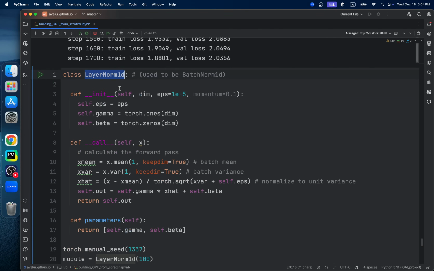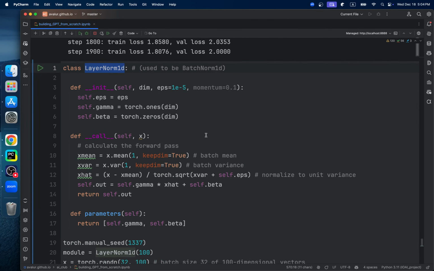So the layer normalization, the last layer in our model, is pretty simple. In contrast with batch norm, this is the replacement of the original batch norm layer.